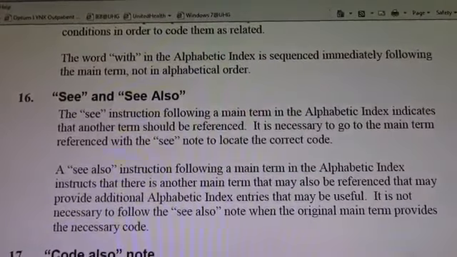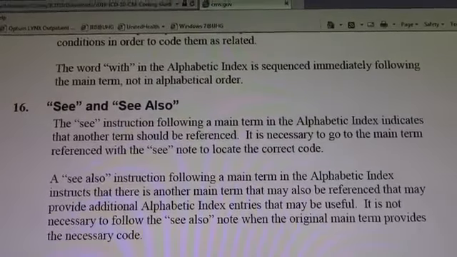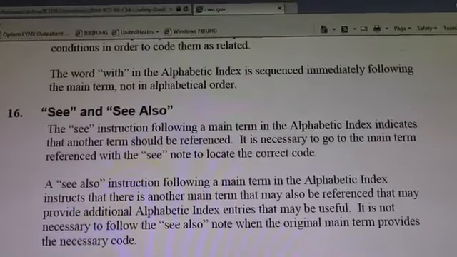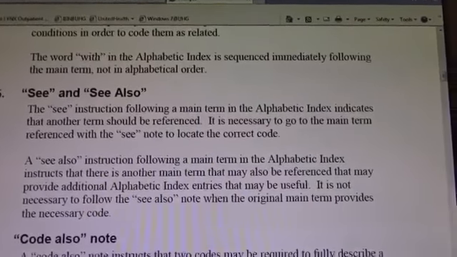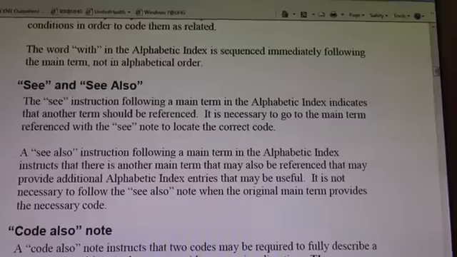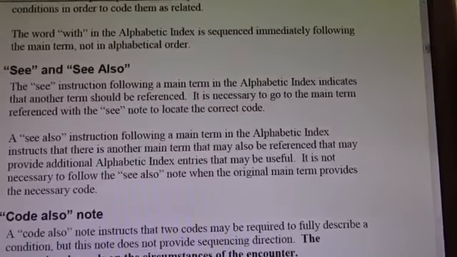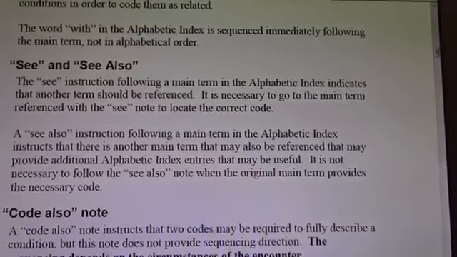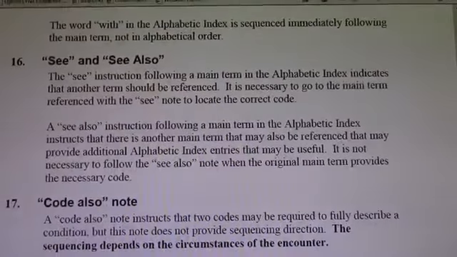Or when it says "see also," it's an instructional following a main term in your alphabetic index, instructing you to go to another main term that may also be referenced, that may provide additional information. And a lot of times, guys, it helps me with locating terms. If I see a "see" or "see also," go there. See what it's telling me to code. Okay?